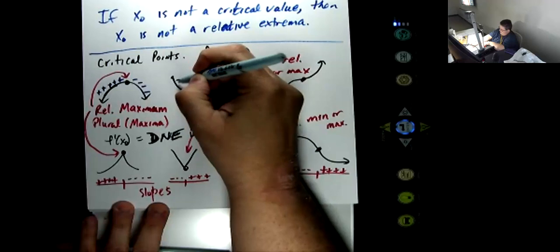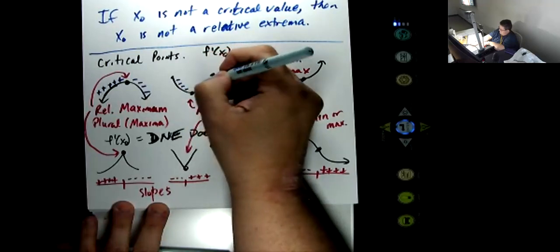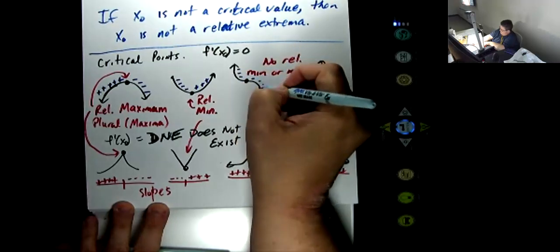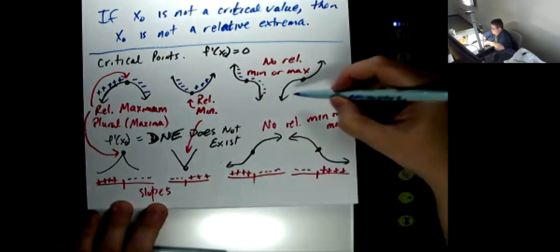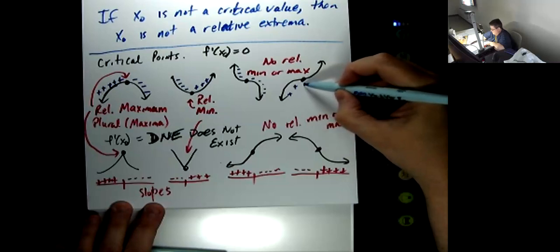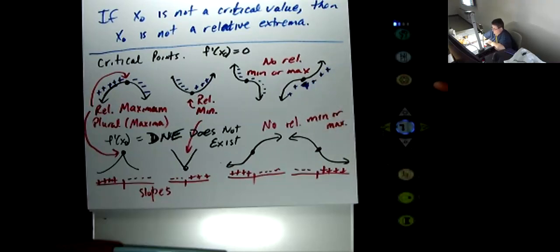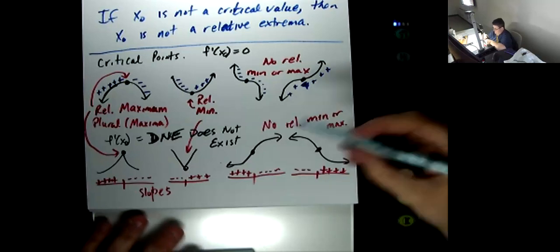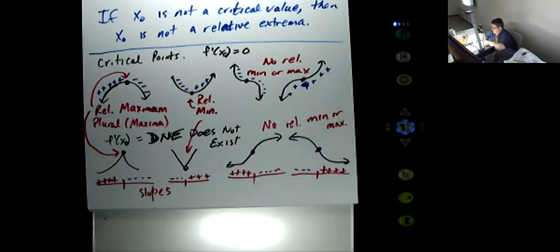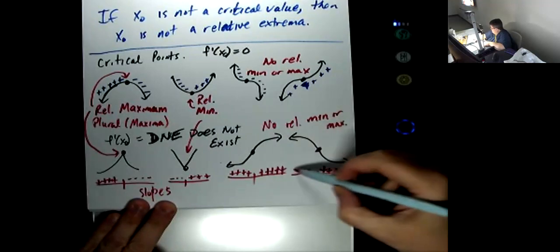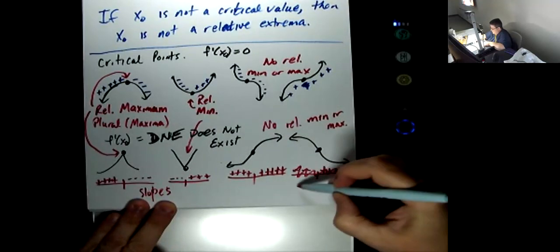Here it's negative and then positive. Here it's negative the whole way. And here it's positive the whole way. So I wrote this wrong. This is positive the whole way, and this is negative the whole way.